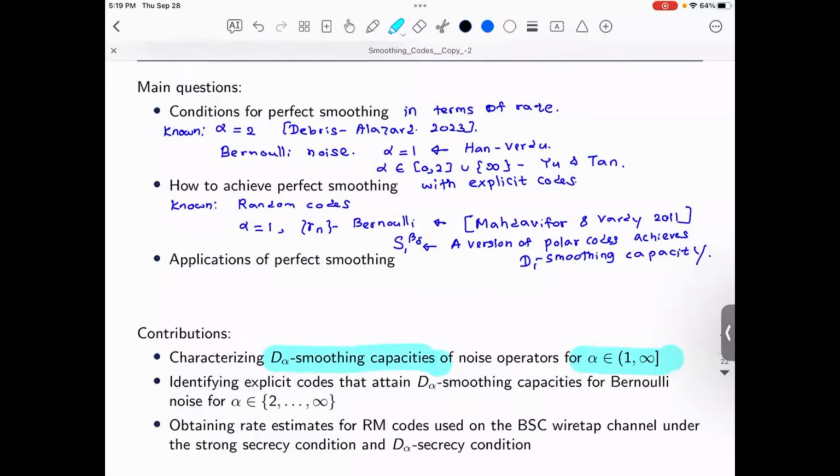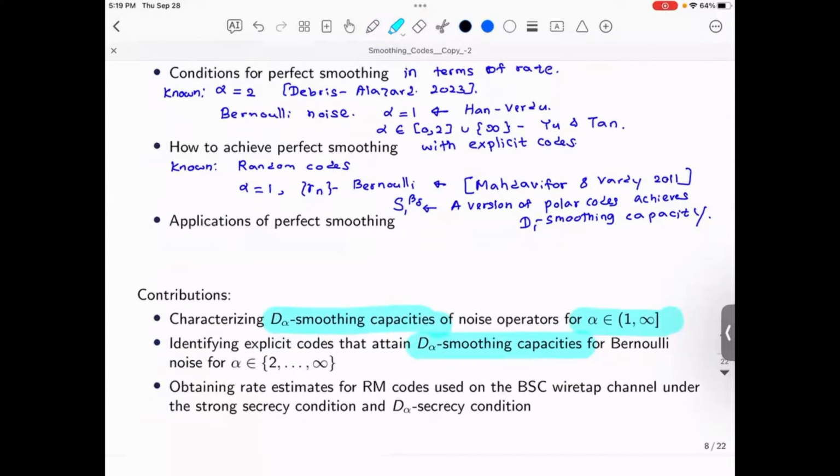And when it comes to explicit codes, we show that certain codes with certain properties achieve smoothing capacities for Bernoulli noise for alpha in this range. We use these results in the binary wiretap channel, whose main channel and wiretap channel are modeled by binary symmetric channels.